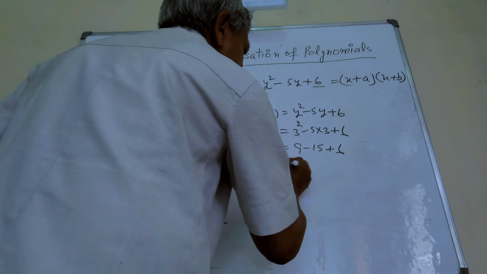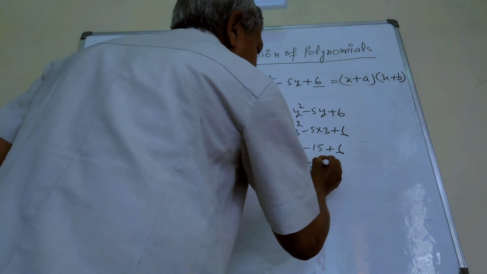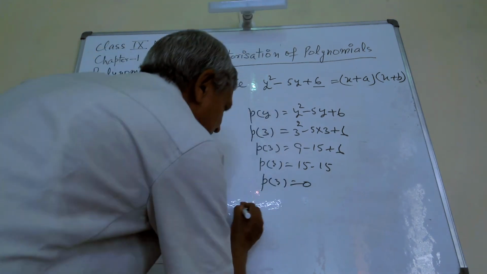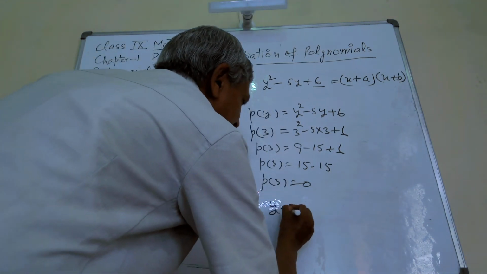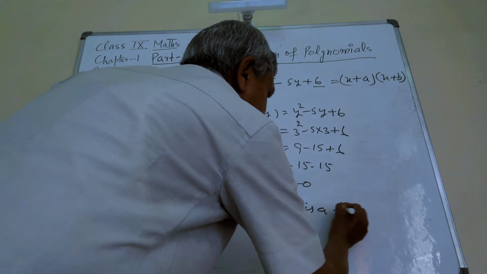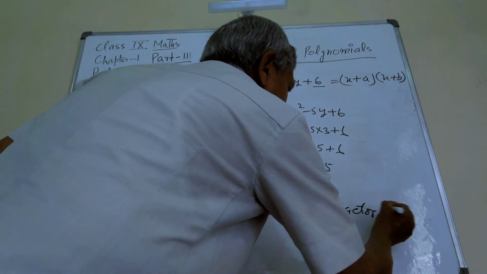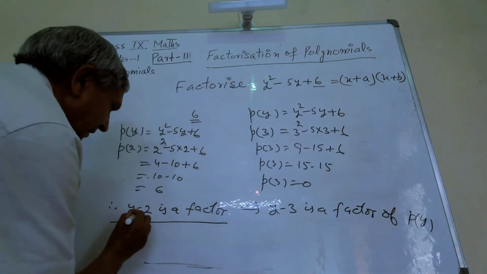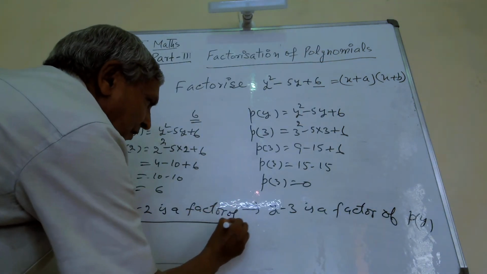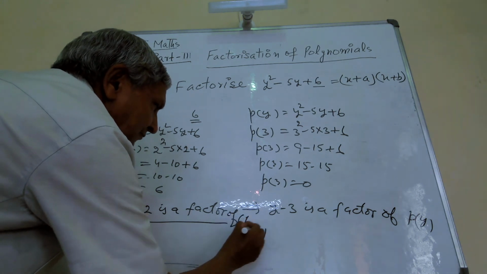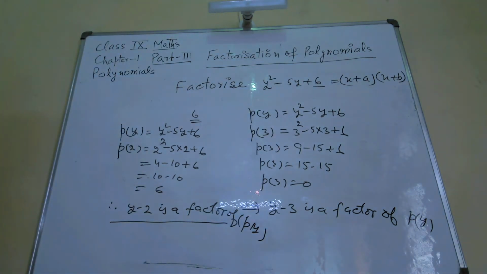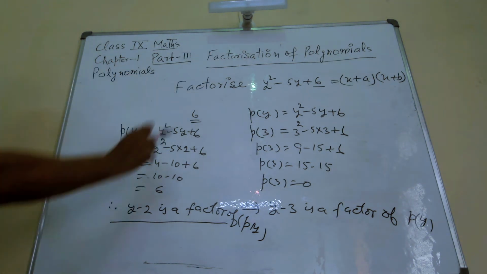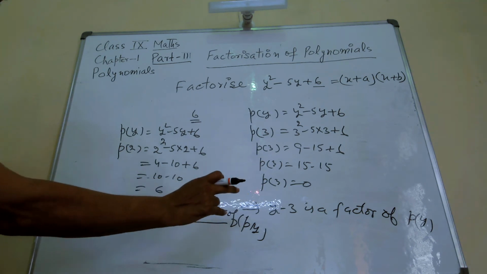P(3) is equal to 15 minus 15. P(3) is equal to 0. This implies y minus 3 is a factor of P(y). Write this down. Hence, these two are factors of this polynomial, y minus 2 and y minus 3.